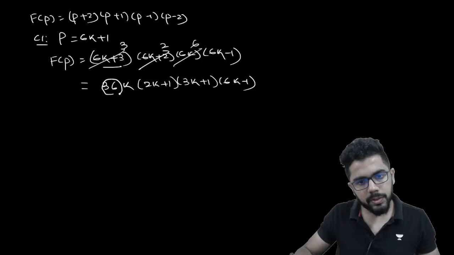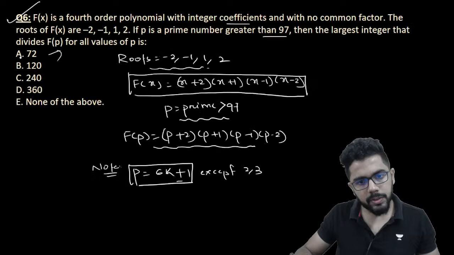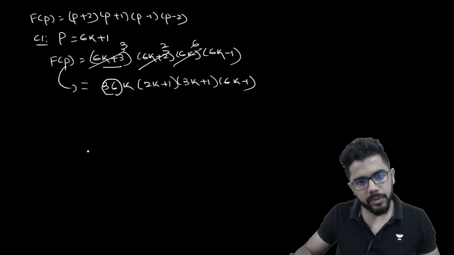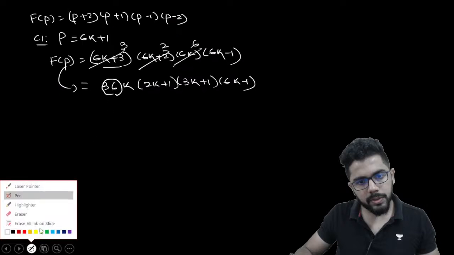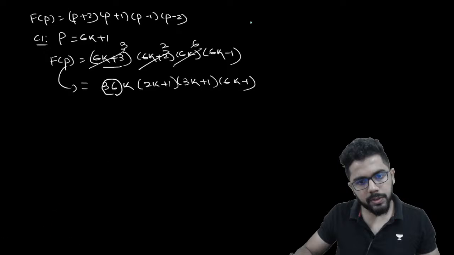One thing is for sure that f(p) is definitely divisible by 36, either exactly 36 or any higher multiple of 36. So from these, 120 and 240 are straight away rejected, because 36 will always be in f(p). Now think about the value of k. Suppose I have taken k as something like this, and p is greater than 97.